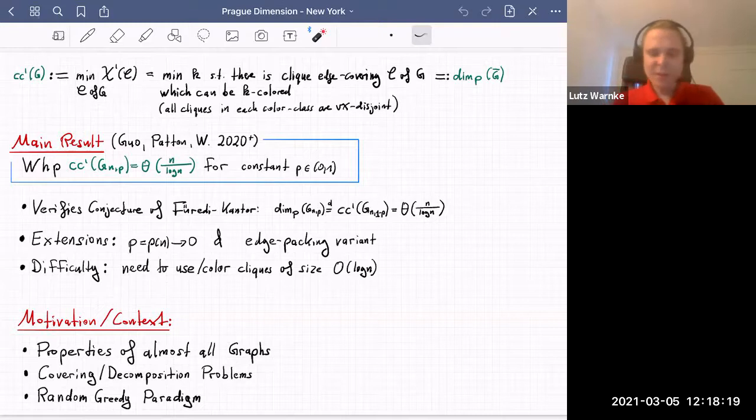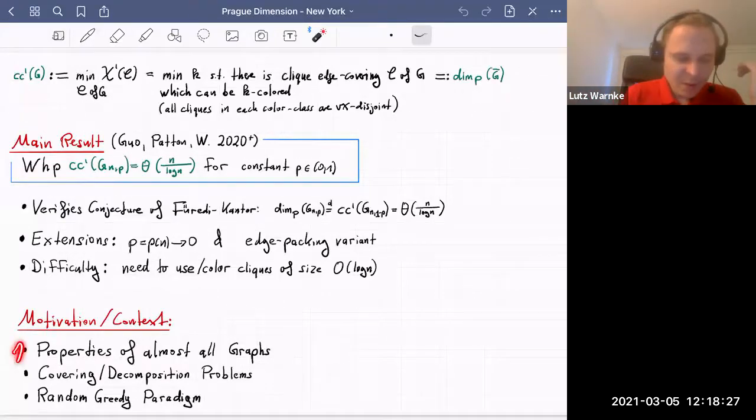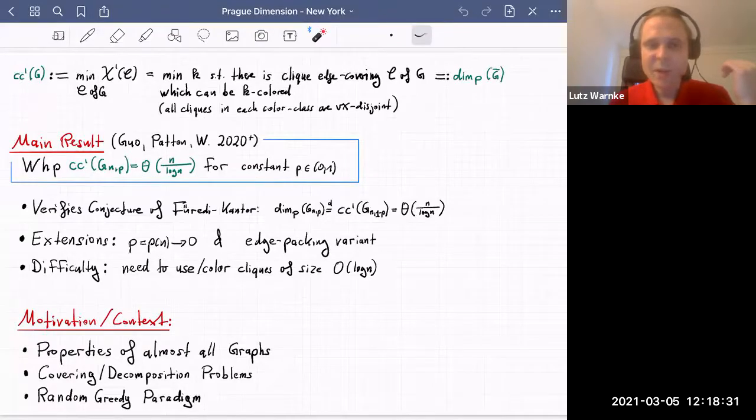If you see this for the first time, it's again a good point to ask: why should we really care? What is the motivation here? Motivation number one is that we have a parameter like the Prague dimension, which is still not so well understood, so it's very natural to study it for random graphs.